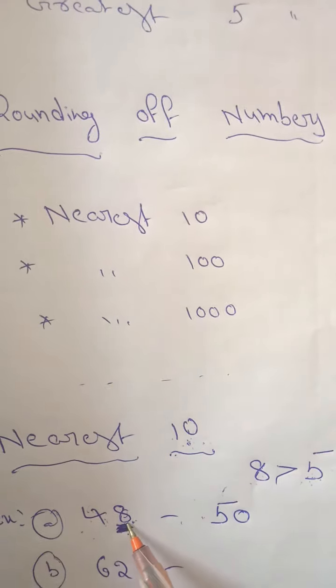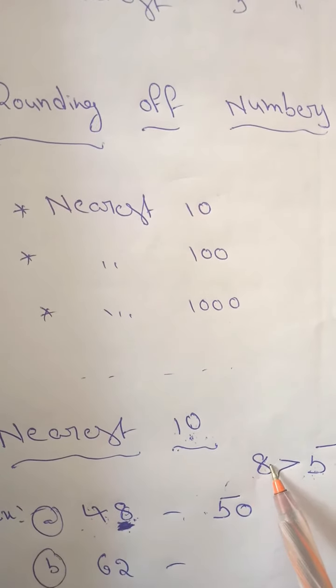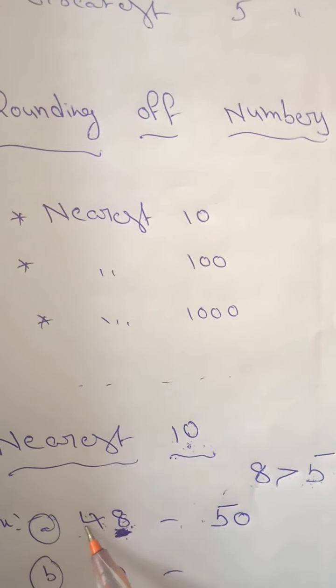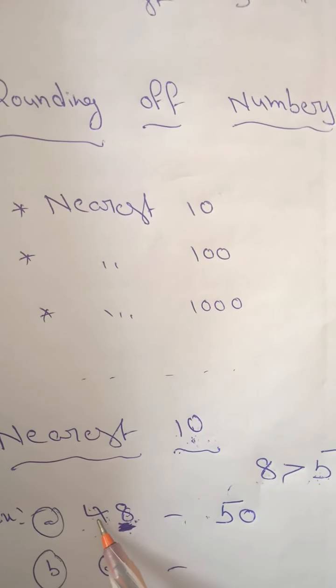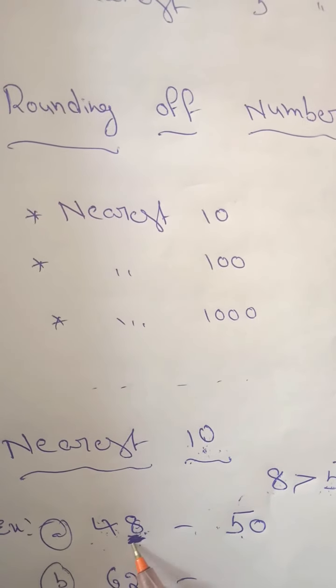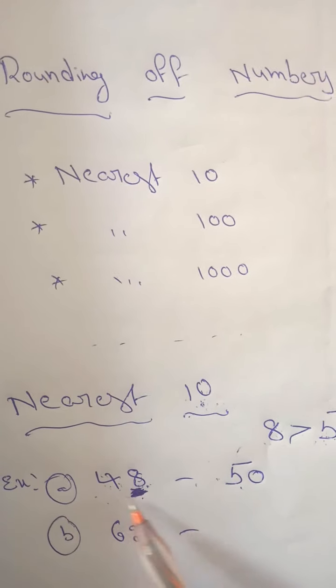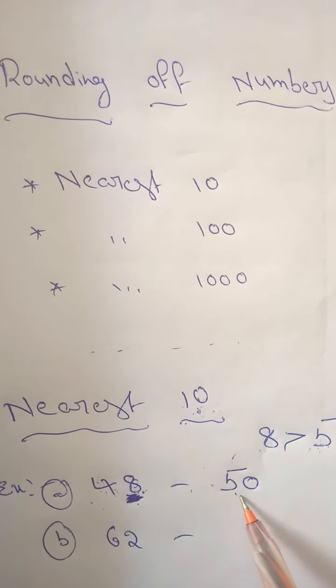Whenever the ones place digit is more than 5, the tens place digit becomes plus 1. So 4 plus 1 is 5, and the ones place digit becomes 0. Yes children, so 48 is nearest to 50.